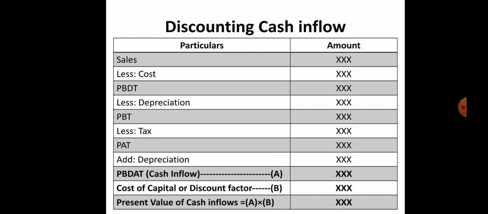For discounting, we need the present value of cash inflow. Up to cash flow it is the same, and the cost of capital or discount factor or present value factor will be given in the problem. We have to calculate the factor, and if you multiply cash inflow by the present value factor, you will get the present value of cash inflows. So it's clear, students?